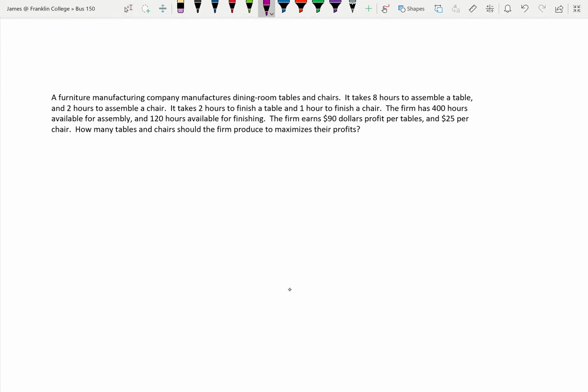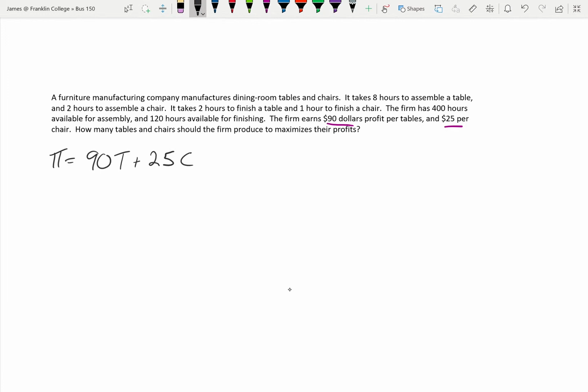Alright, let's first figure out what the profit function will be. The profit function is going to be 90 times T plus 25 times C. T represents the total number of tables that we make. C represents the total number of chairs that we make.